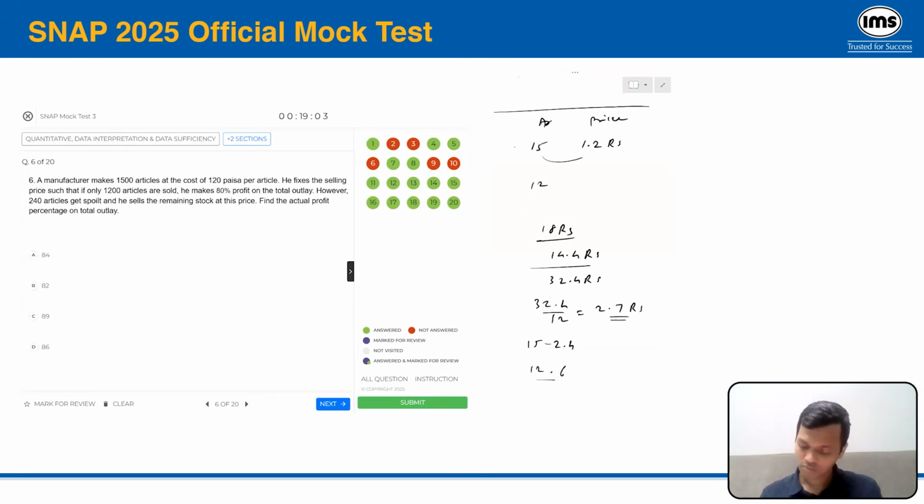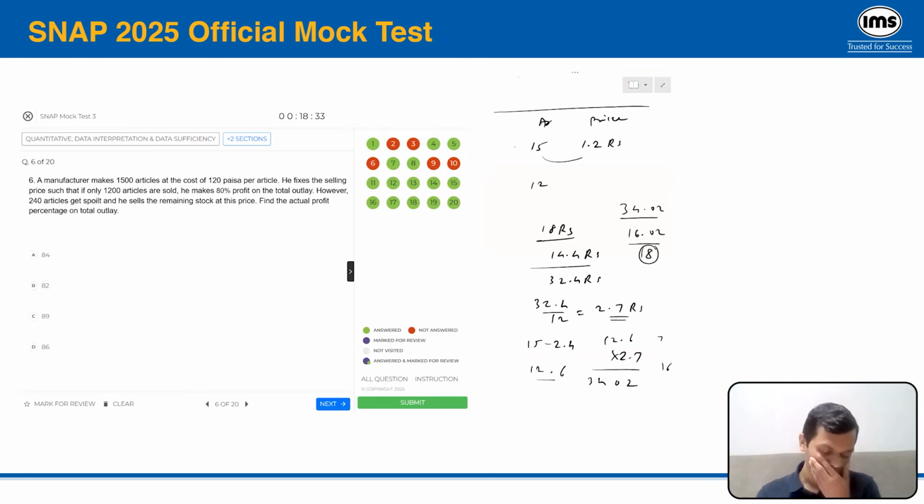Okay, got it. So I have to do 12.6 into 2.7. That is 34.02 and 18. So 16.02 upon 18. So profit will go up, right? That's the only thing that will happen.